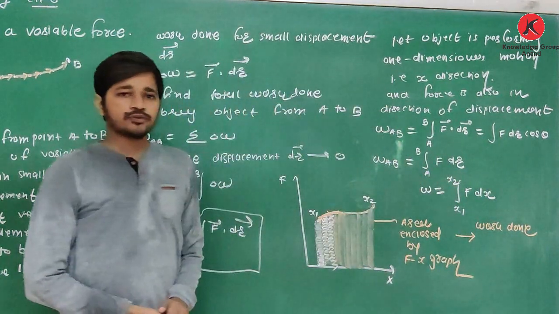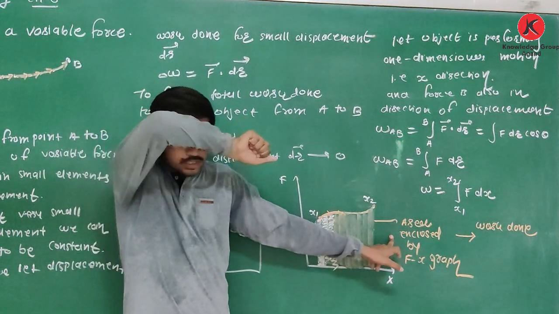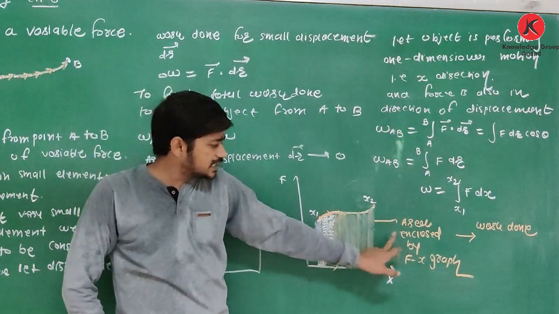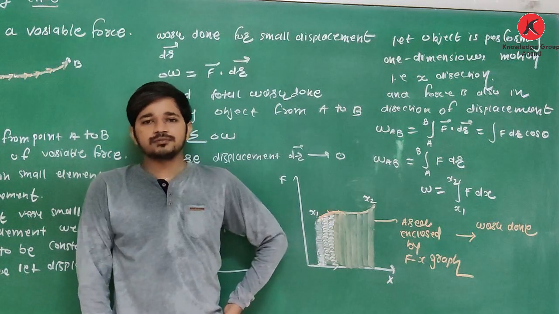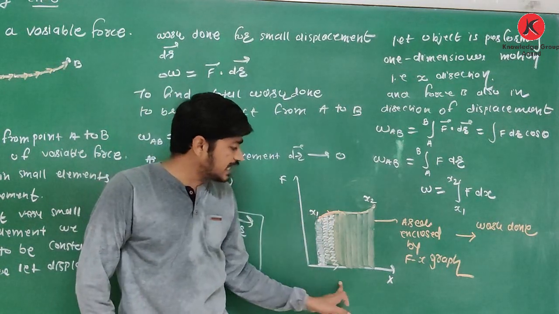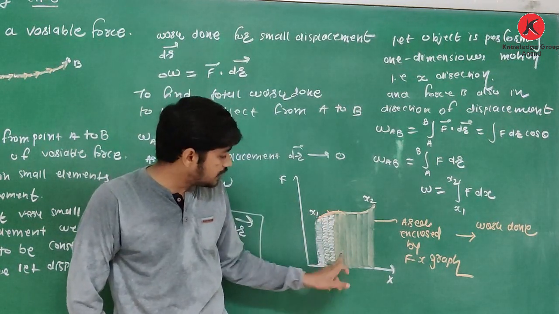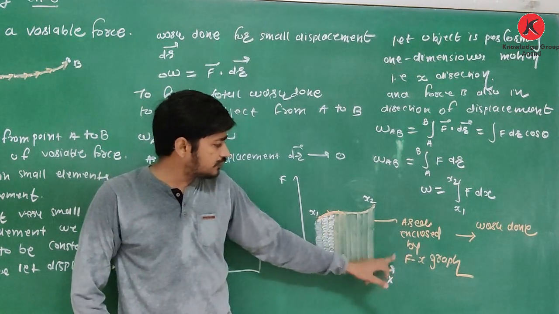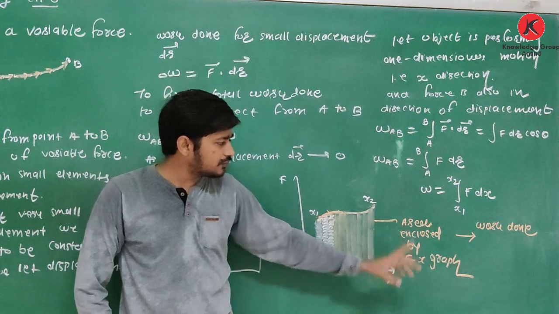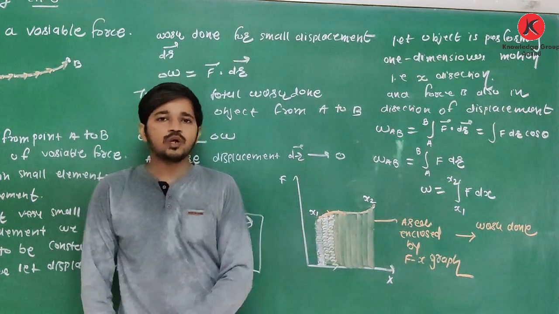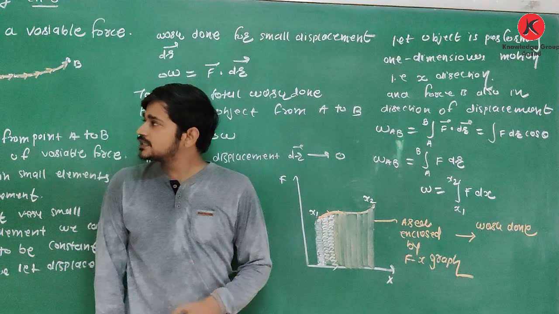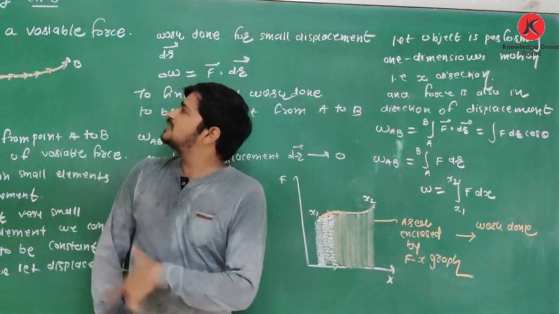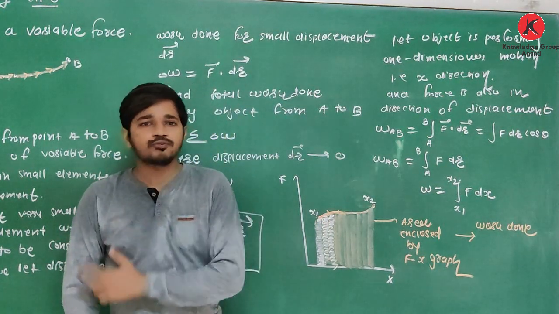Clear about this? So yes, this last point you have to remember: when you are given an F versus x graph, the area enclosed by the F-x graph gives work done. Clear about this? So yes, today's topic is work done by a variable force.